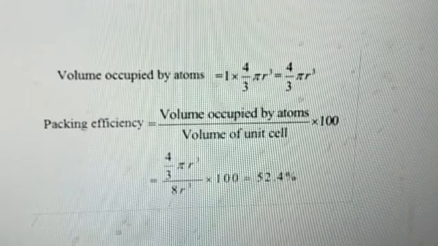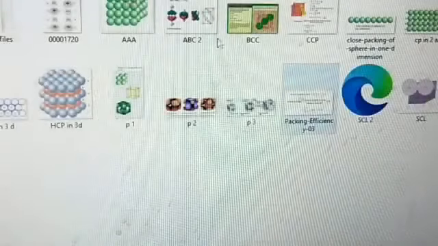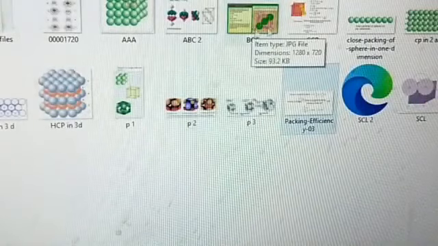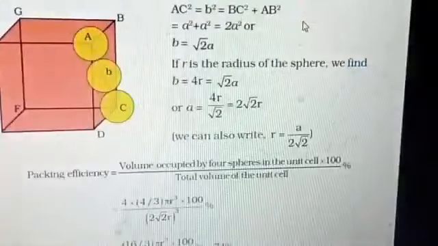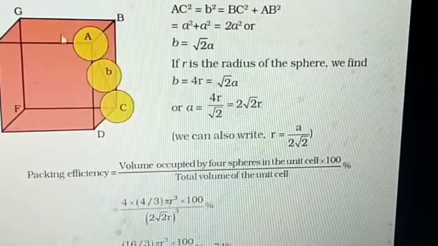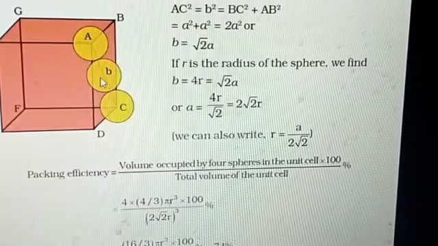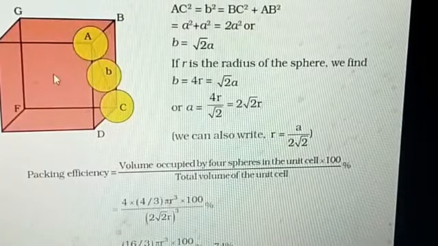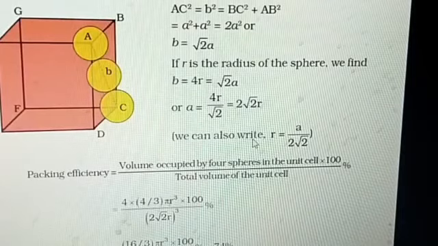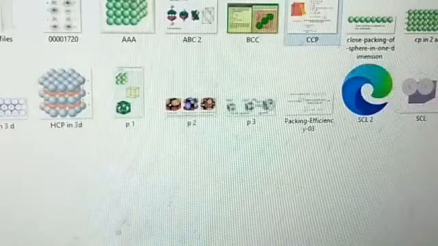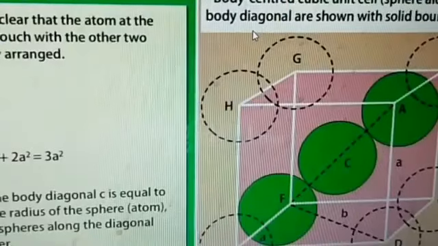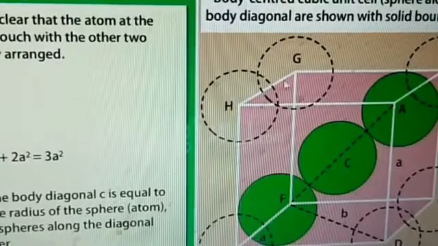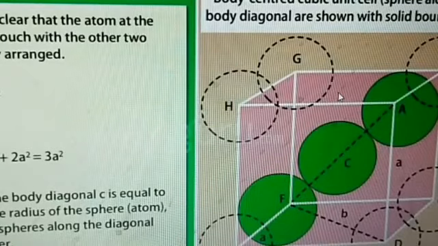Next, packing efficiency of the body centered unit cell. If we take a body centered cubic unit cell, see this is a body centered cubic unit cell. In this body centered cubic unit cell, see the spheres.